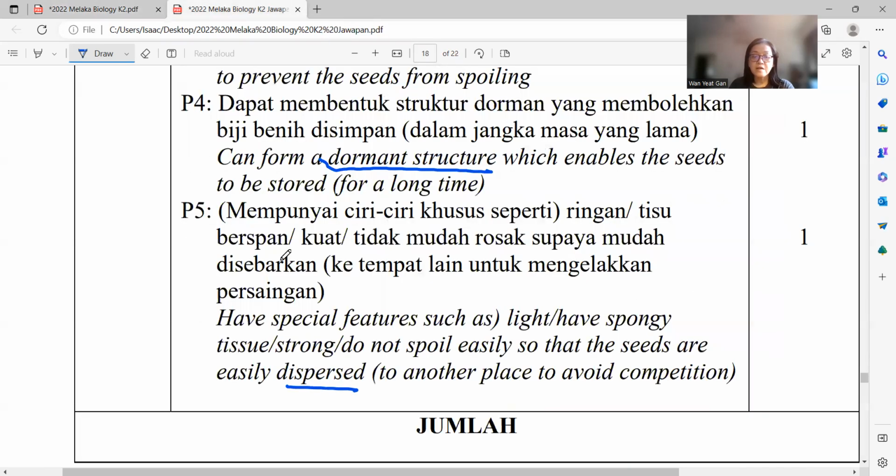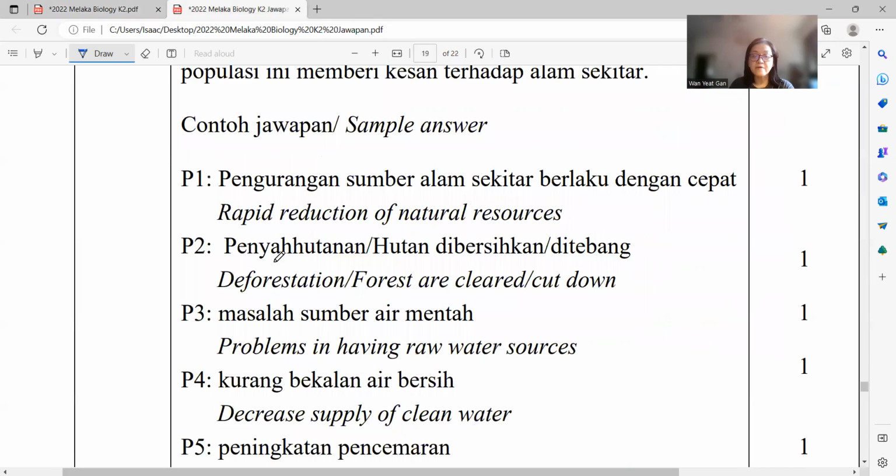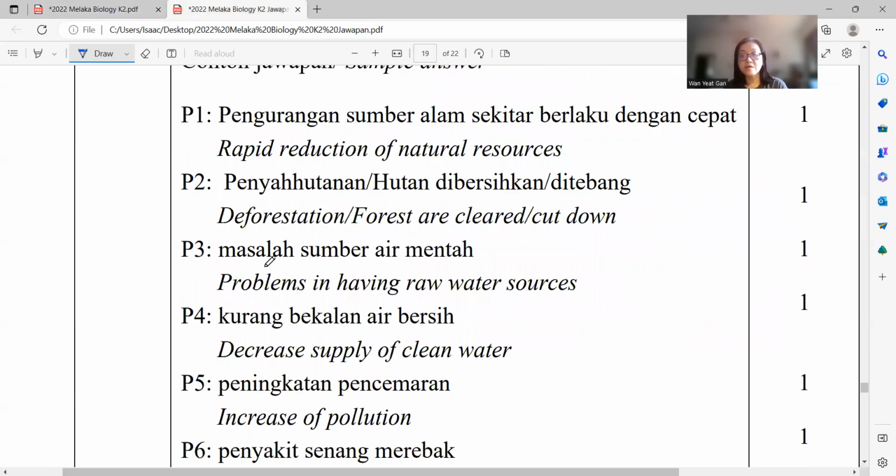Now, when there is an increase in the number of people, definitely there will be a greater demand for resources. So there will be rapid reduction of natural resources. And to cater for the increase in demand, usually deforestation is carried out to clear the land for more housing projects and development.